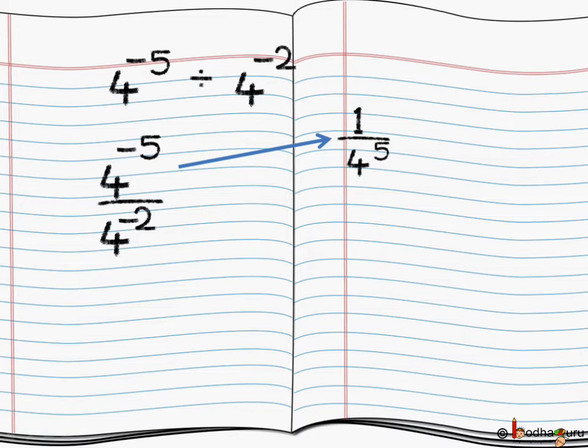We know 4 to the power minus 5 is actually equal to 1 divided by 4 to the power 5. And what about this denominator? 4 to the power minus 2 is actually equal to 1 by 4 to the power 2.